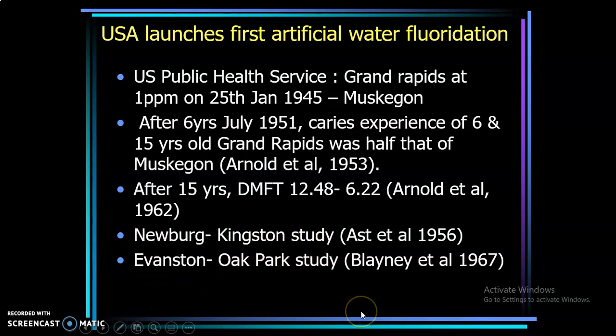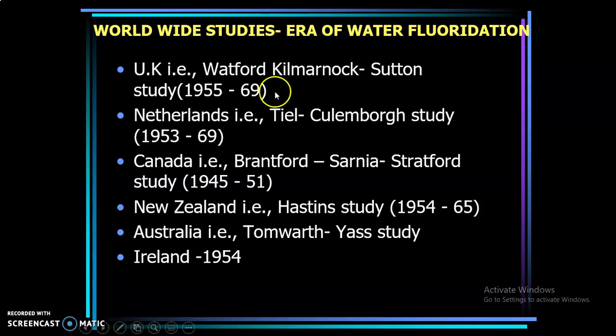Then you have the Evanston Oak Park study, the Teal-Kulenberg study, then the Canadian study, New Zealand study, and Australian study. All these are studies conducted throughout the world at that time. And all of these studies proved that when fluoride is added at 1 part per million in drinking water, the result is a maximum reduction in caries with a minimum chance of causing dental fluorosis.